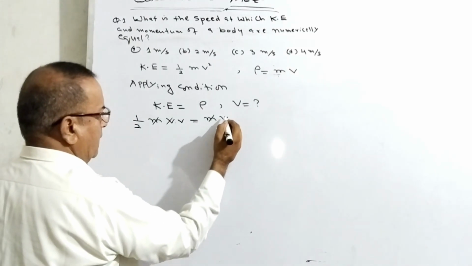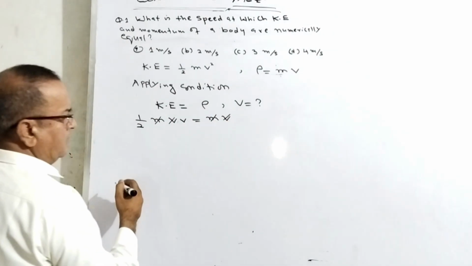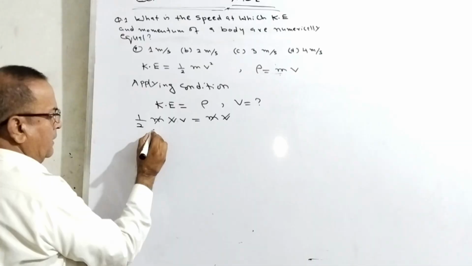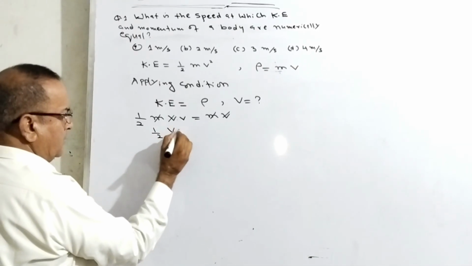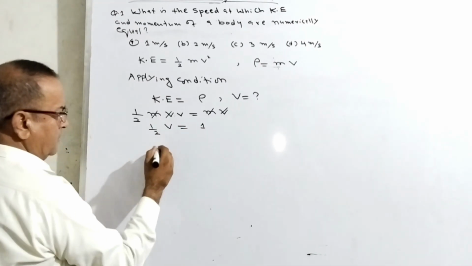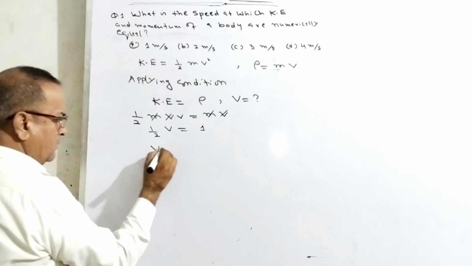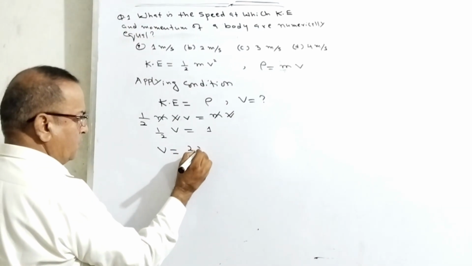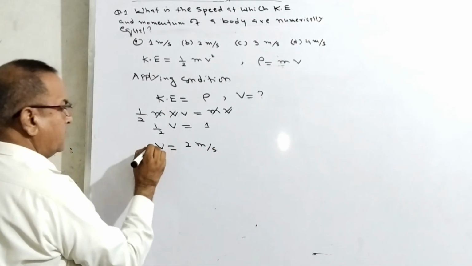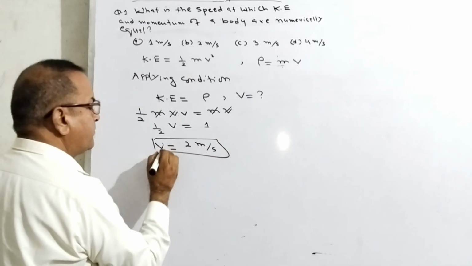Similarly, v on the left side and v on the right side get cancelled. Here it becomes 1/2 v is equal to 1. By cross multiplying, v is equal to 2 meter per second. So this is the answer.